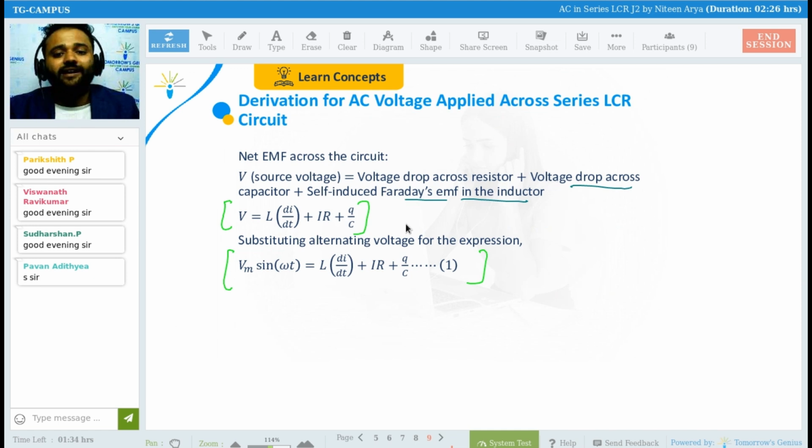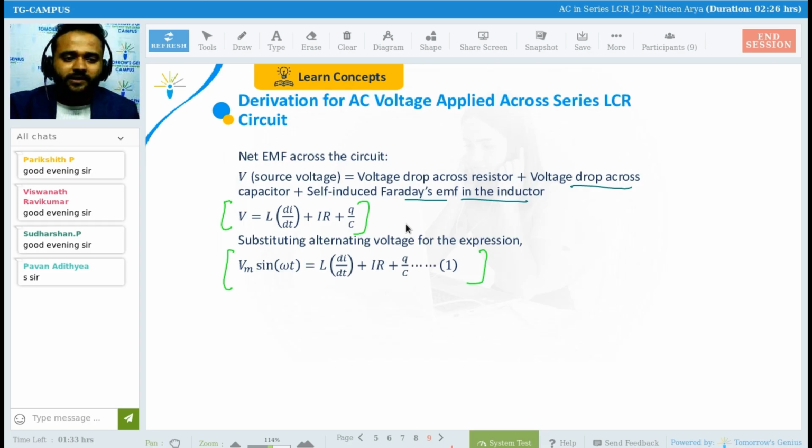Now I want to find the current I. So instead of the voltage drop across the resistor, the capacitor and the self-inductance, I put it in the form of I. But the basic unit here is Q, not even I. Clear, everyone?